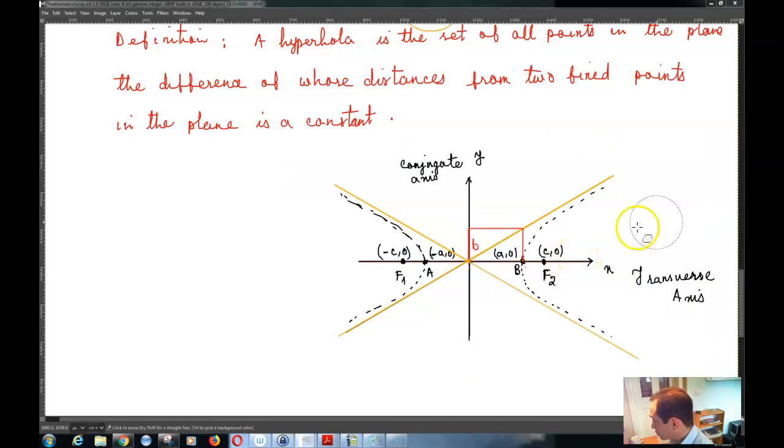Now there are a few things over here that we need to talk about. First of all, as we mentioned before, these are the foci of the hyperbola.